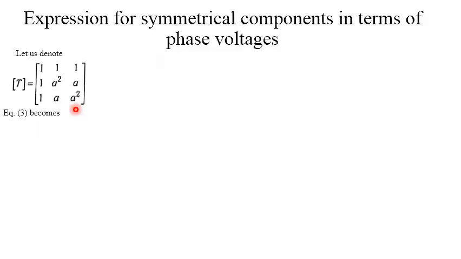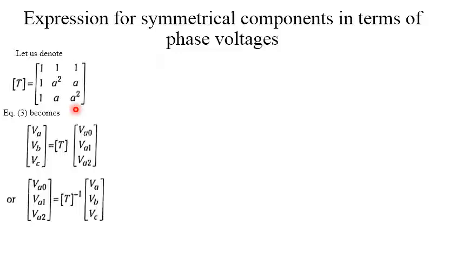Earlier we understood the equation 3: VA, VB and VC is multiplied by the matrix T to the VA0, VA1 and VA2. So we have to calculate the symmetrical components zero, positive and negative of A.